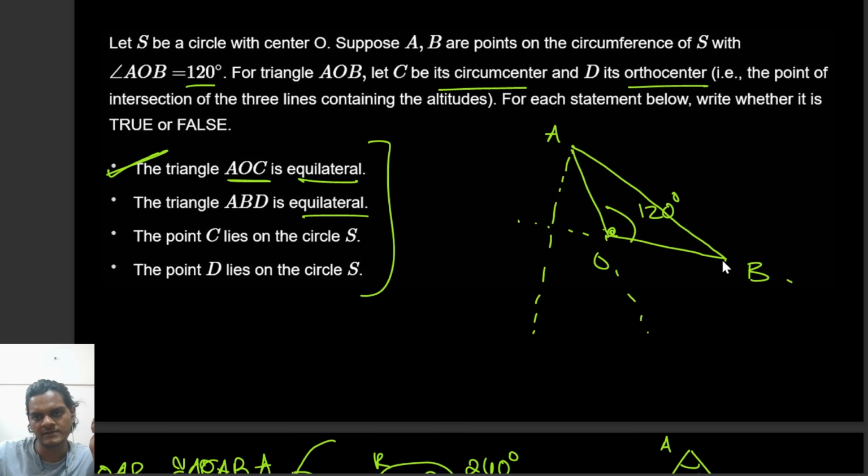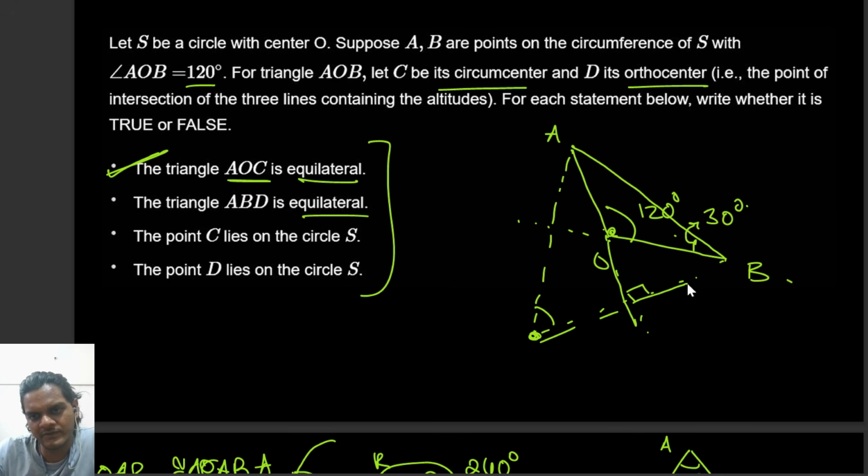I'll take an extension and I'll draw, and that will intersect somewhere, right? We want to find what this angle is basically. Okay, so what happens? Let's see. Very, very interesting. What is this angle? This is 30 degrees. Okay, this is 90.